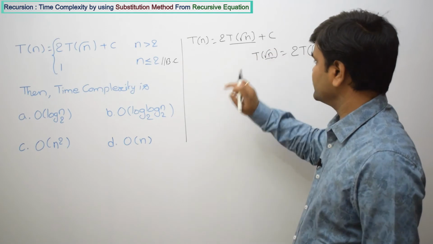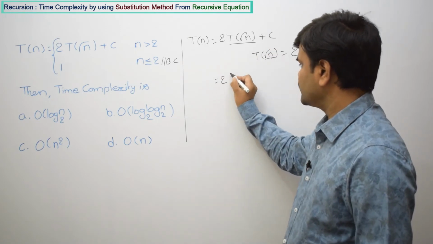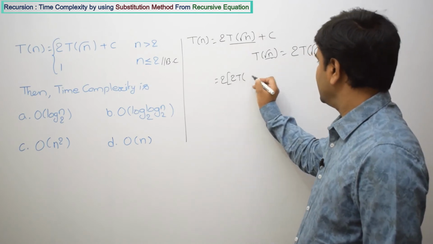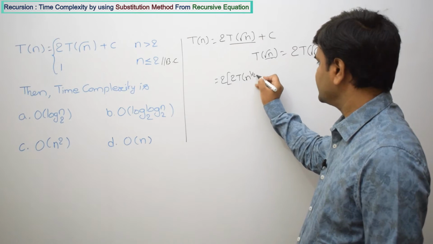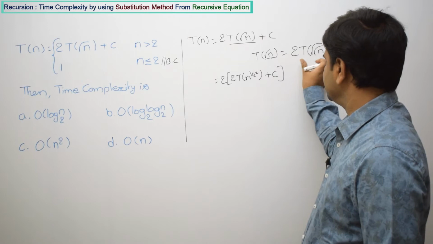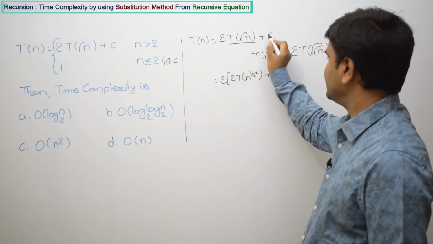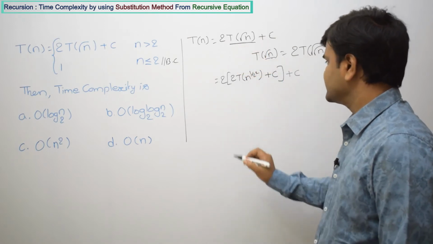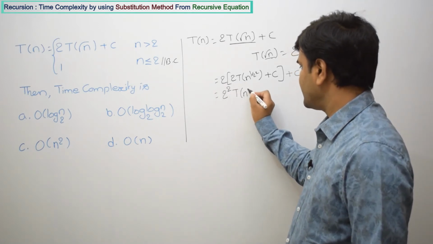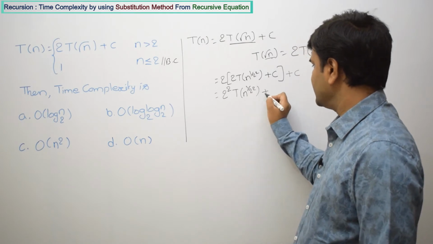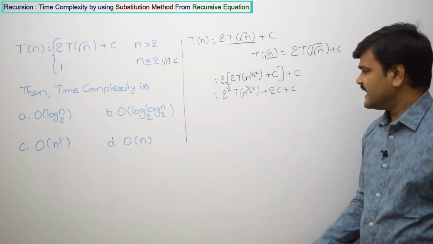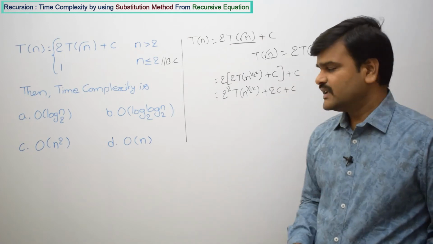If you substitute this back here, we get 2 into 2T(n power 1 by 2 square) plus c, and this whole thing is equal to this part, and then the remaining plus c. If you expand this, 2 square T(n power 1 by 2 square) plus 2c plus c, or you can write this as 3c.